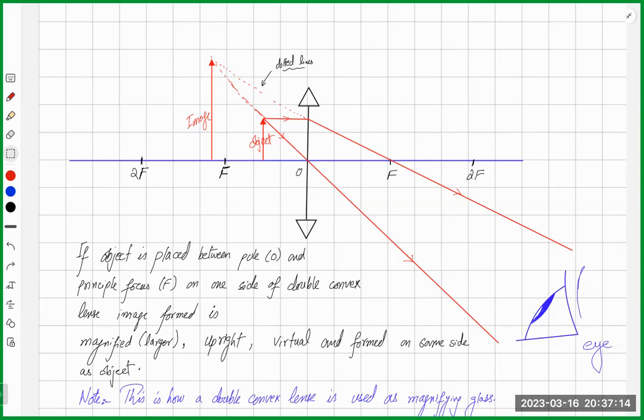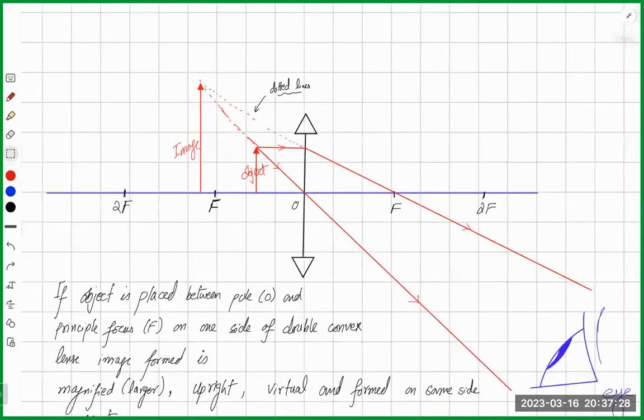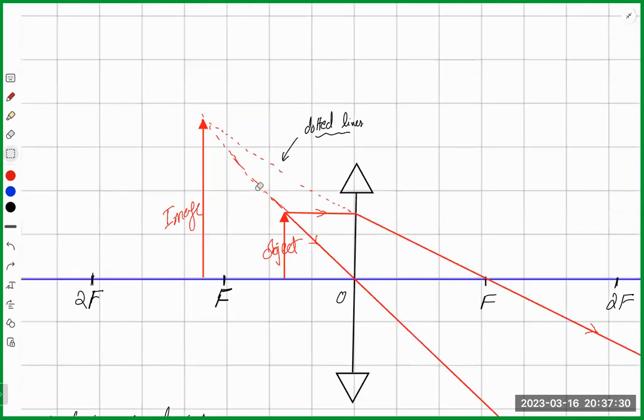So they're spreading outward and will definitely not meet over here. If we put an eye where they were supposed to meet, we can see that they are coming from a single point, and this is how we can see a very large image of the same thing.